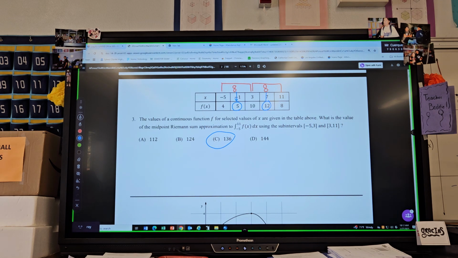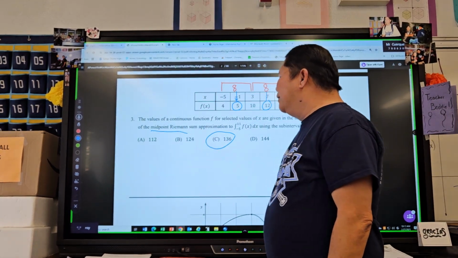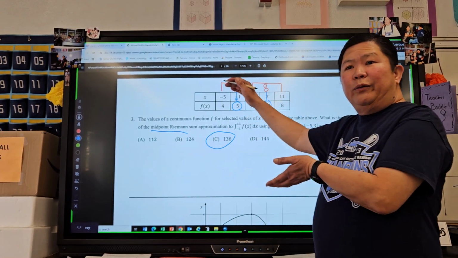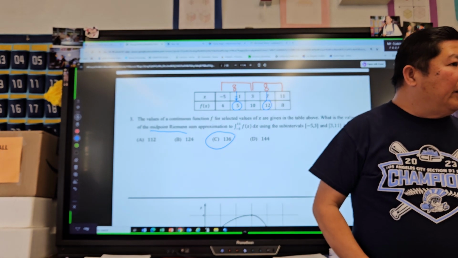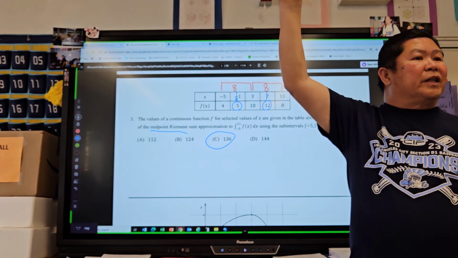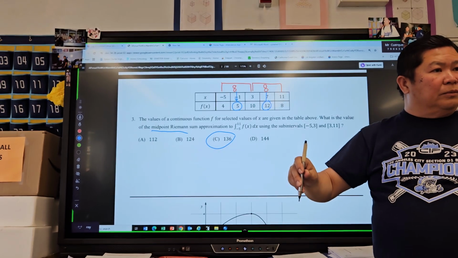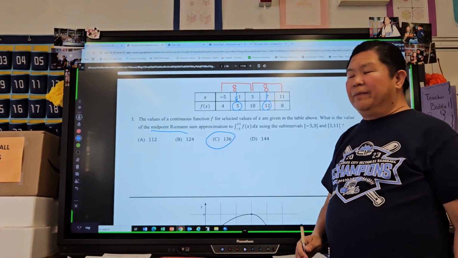You get me, guys? What if the question is free response? What to write? You're going to highlight midpoint Riemann sum. So if this is free response, we're done with the test taking strategy for multiple choice. Go directly to the subintervals at the bottom because this is midpoint Riemann sum.